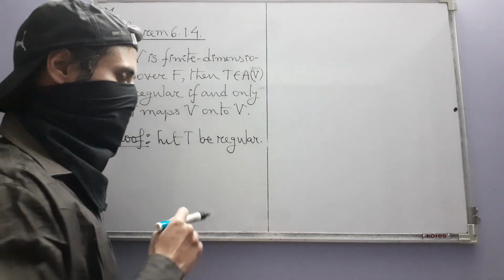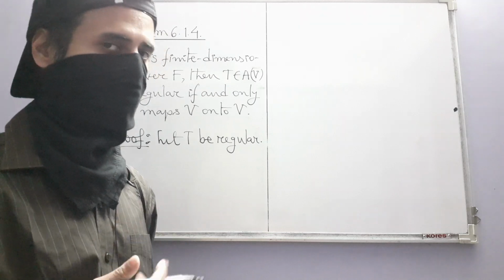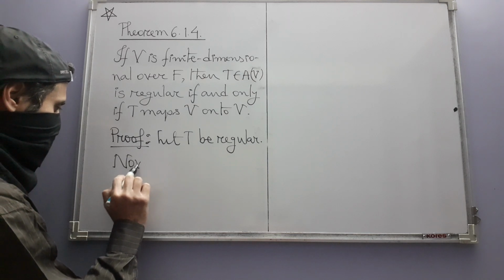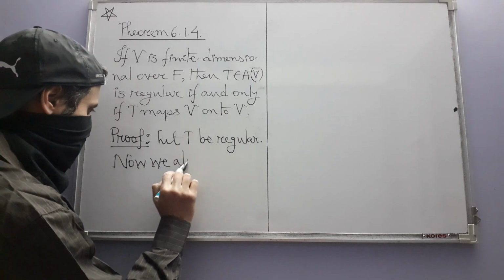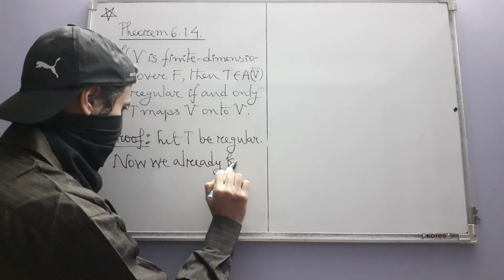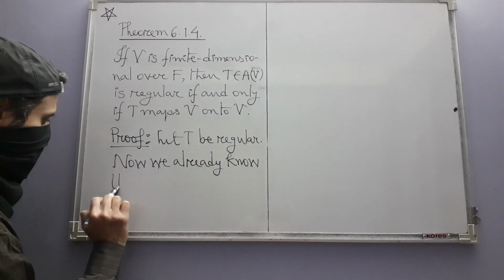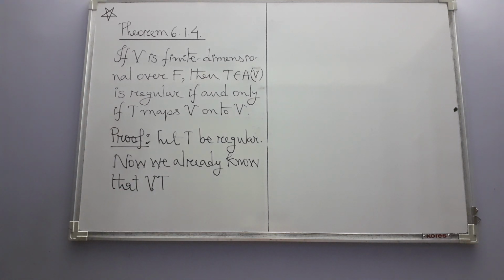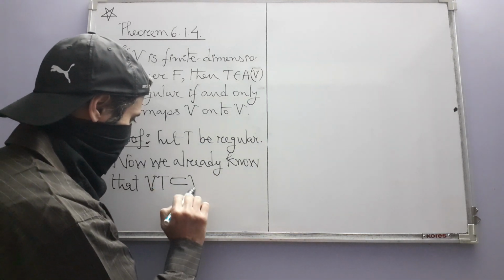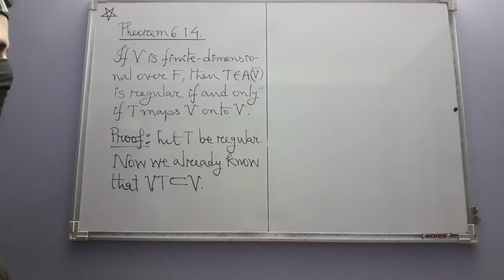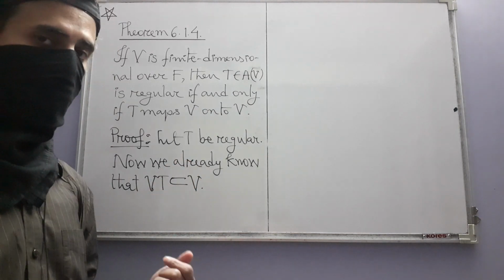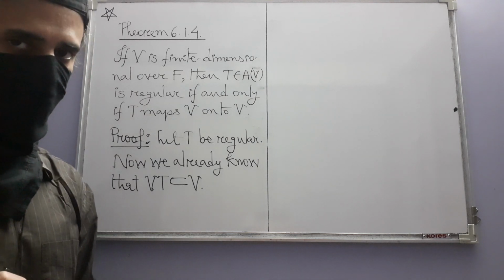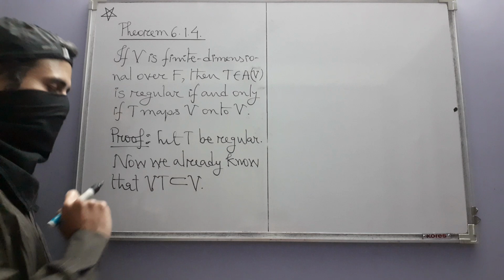It means that T is invertible, so there is a two-sided inverse of T. Now, we already know that the image of V under T is a subspace of V simply because T maps V into V, but we want to prove that it's onto V, which means that we have to prove the reverse inclusion as well. That is, we need to show that V is also a subspace of VT.